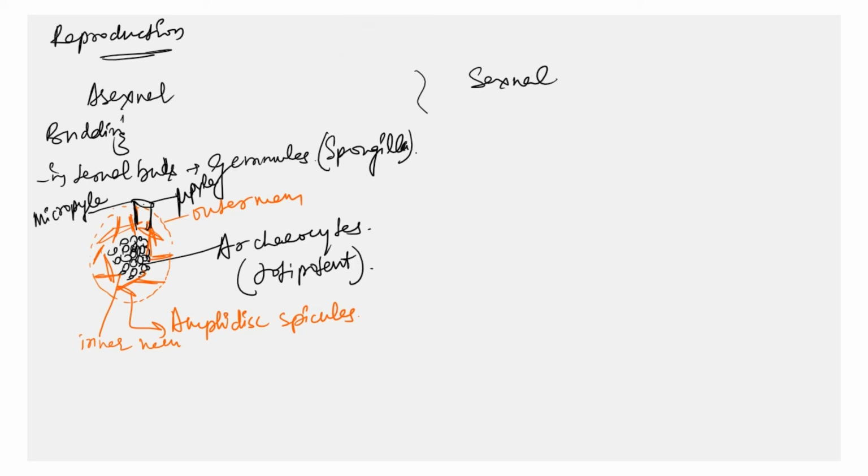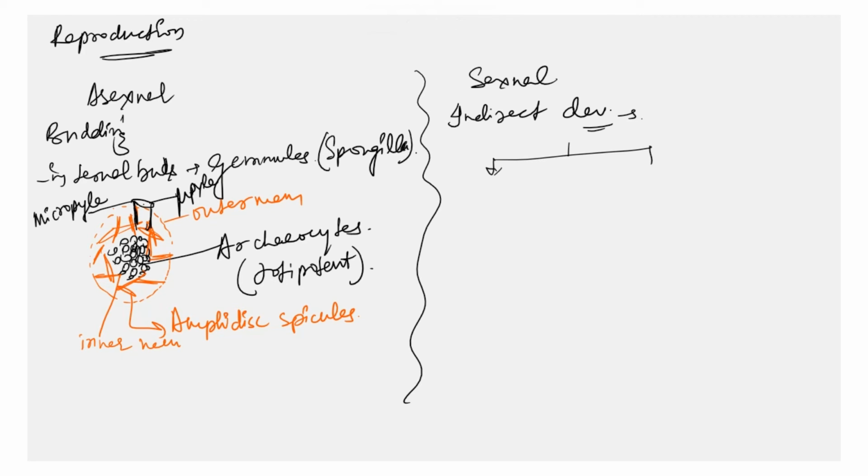And when we talk of sexual reproduction, there is always indirect development. That means they have larval stages in their life cycle. They have two types of larvae in sponges.